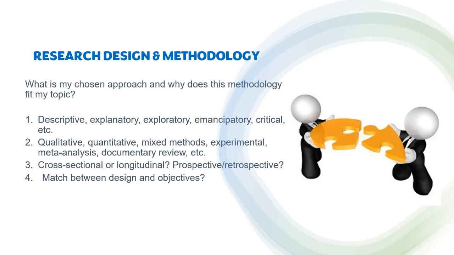Then I also need to decide whether I'm qualitative, quantitative, mixed methods, experimental, whether I'm doing a meta-analysis or document review or desktop review. Is my study cross-sectional? That means I'm doing it at this time. Cross-sectional means at this time.